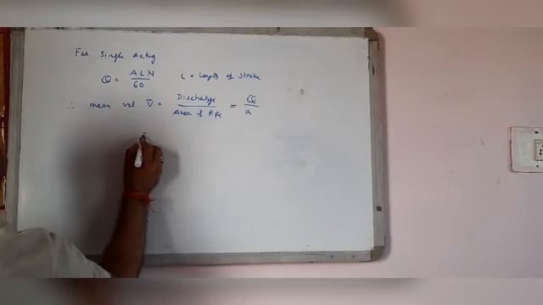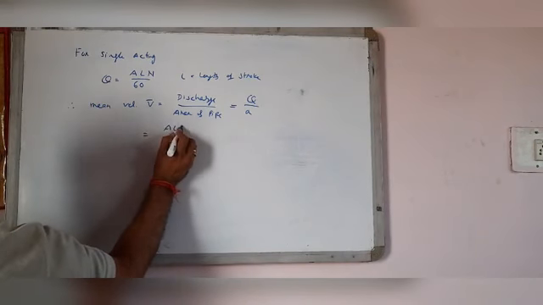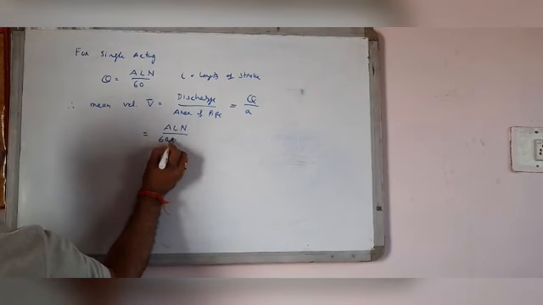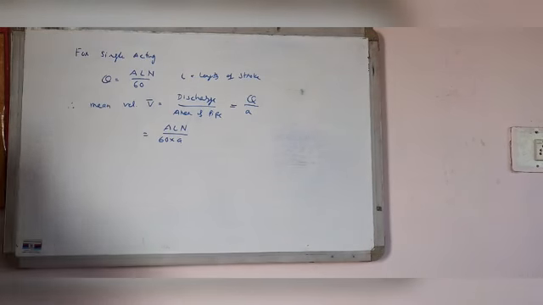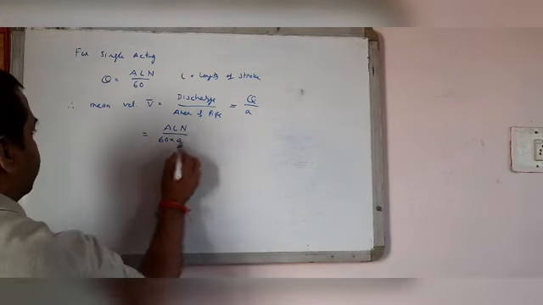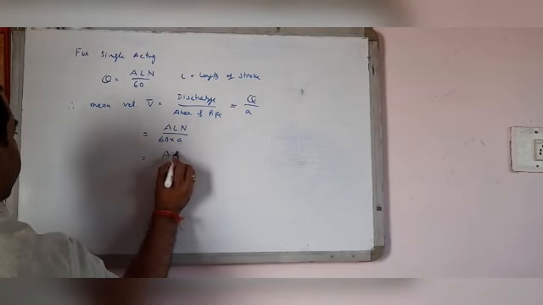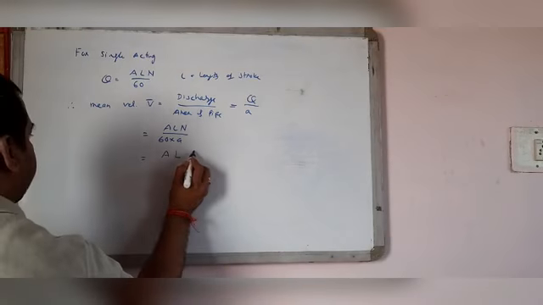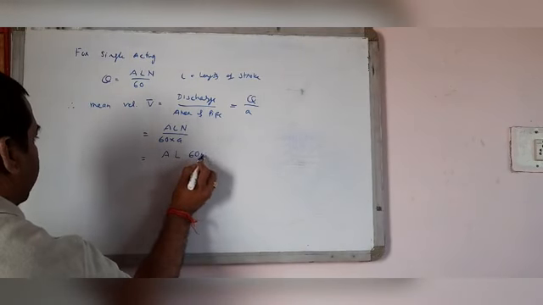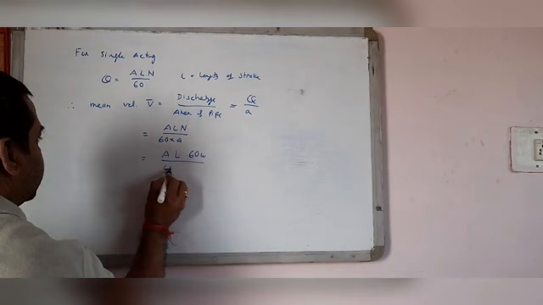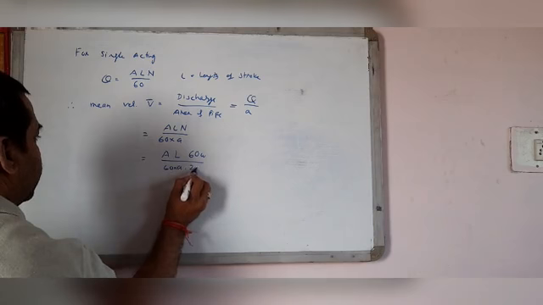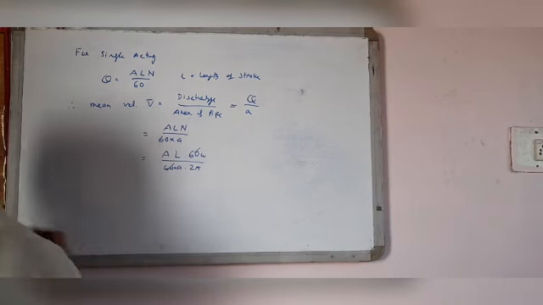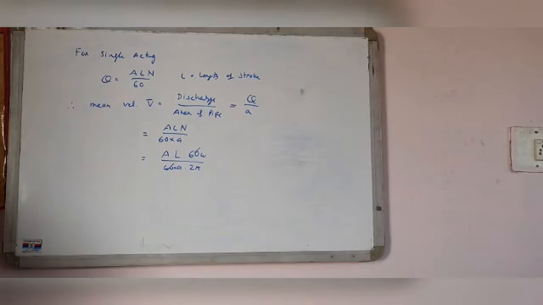Q is A L N by 60, and this is also in the denominator, 60A, that is equal to A L. We can put the value of N as 60 omega by 2 pi, cancelling both 60.